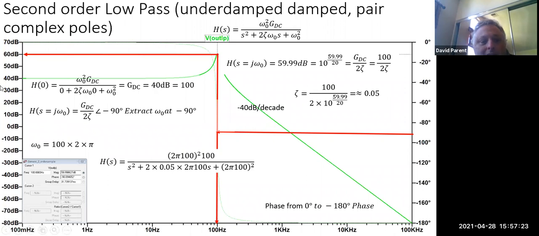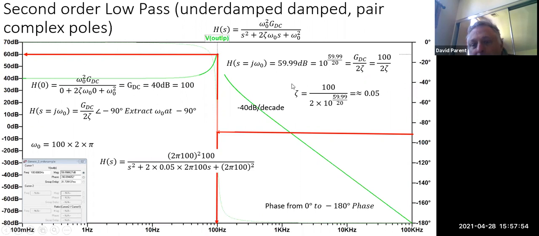So that, again, is two ways to find omega naught. I'm only changing the damping ratio, but here's 40 dB at low frequencies. That's the same gain. The omega naught is still 2 pi times 100. And we just need zeta. But notice that now when I'm here at minus 90, my gain is now 60 dB.